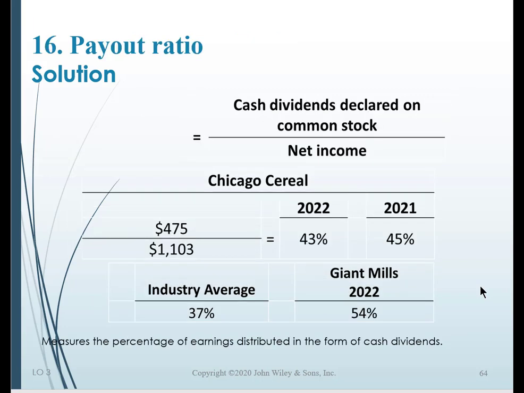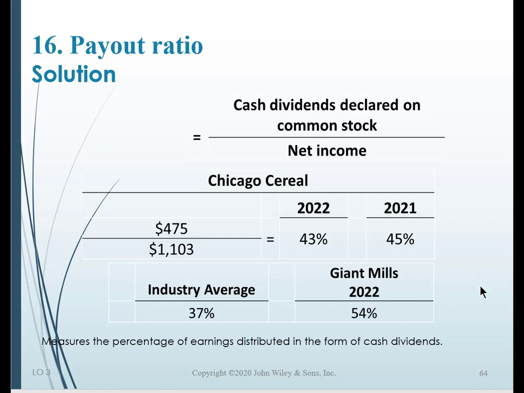And finally, we have the dividend payout ratio. And I have to tell you, I'm not sure why they have this as a profitability ratio. What it measures is, of the income that the company has created, how much of that did they pay out in dividends? I mean, dividends are not a measure of profitability. Net income certainly is, but dividends are not.